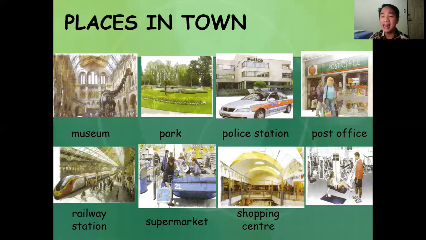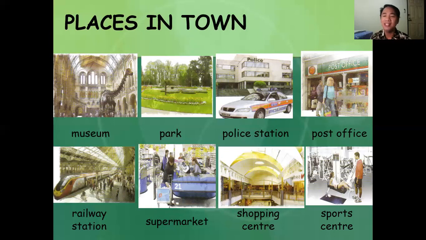Yes, and the last photo is, if you want to exercise to build your muscle, you will go to the, what place is this? Yes, correct. It is a sports center or a gym. If you want to exercise to build your muscles, you can go to the gym or sports center.